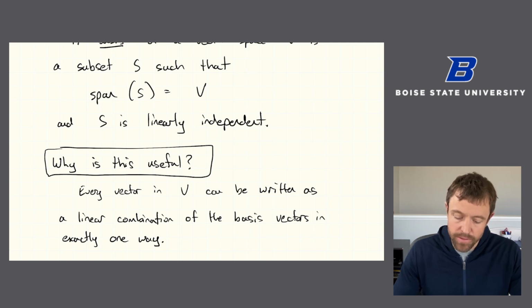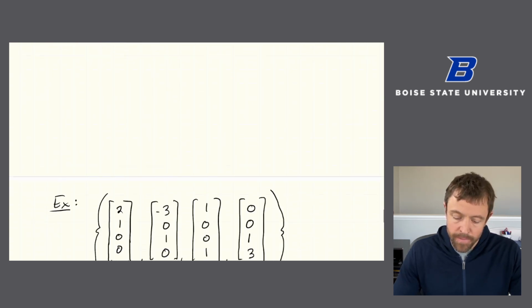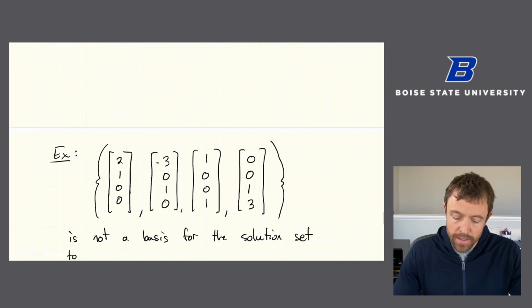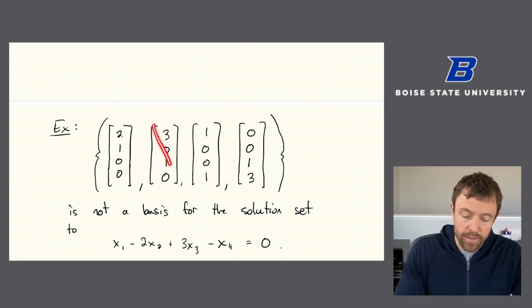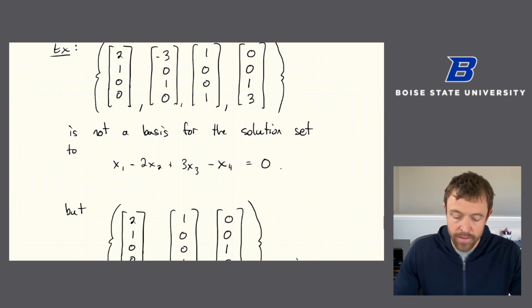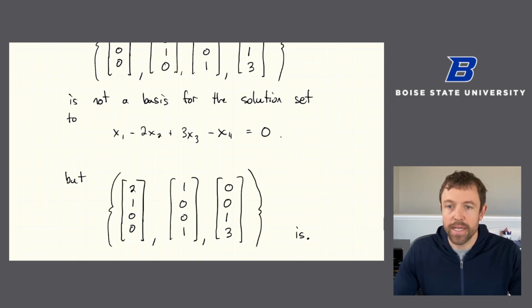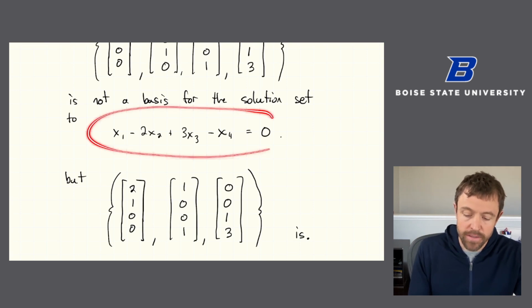Let's go to examples. So we saw that this set is not a basis for the solution set. It spans it, but it has too many vectors. However, we can remove this vector that we decided was redundant, and now we have a basis for the solution set to this.